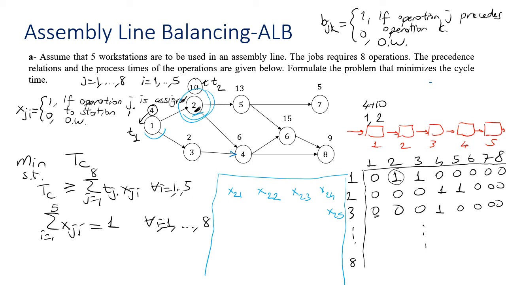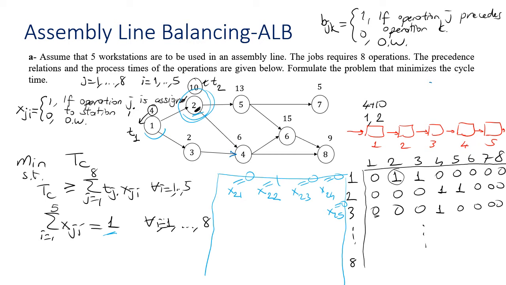So these are the decision variables related to task 2. Only one of them can be 1 because a task can be assigned to only one station, and this is the result of this constraint. This is just an example of a given solution. If one of them is 1, all others must be 0.